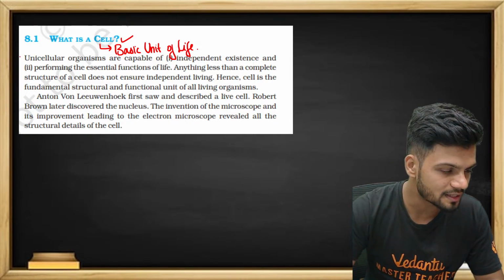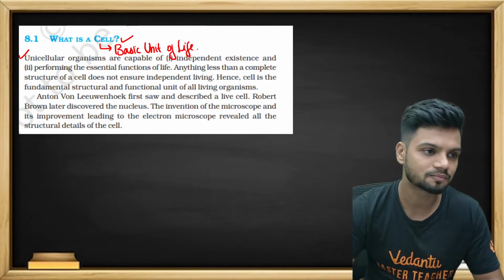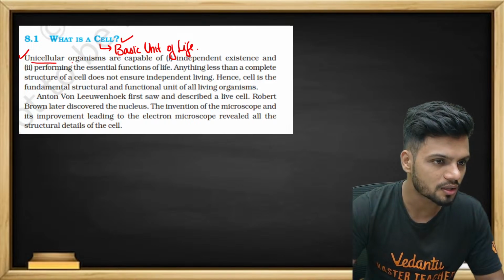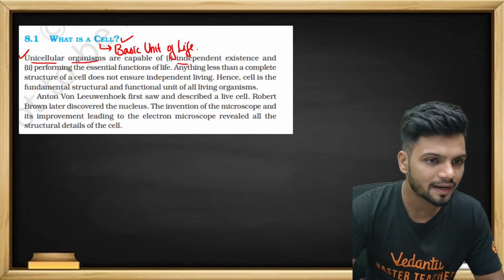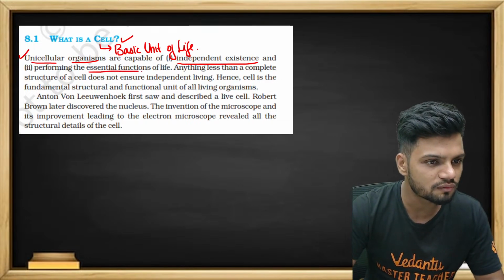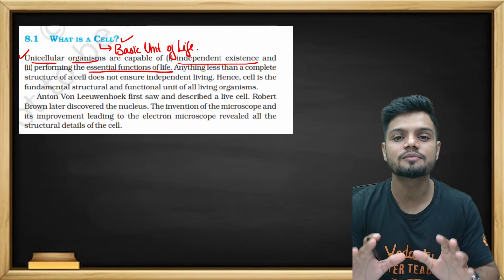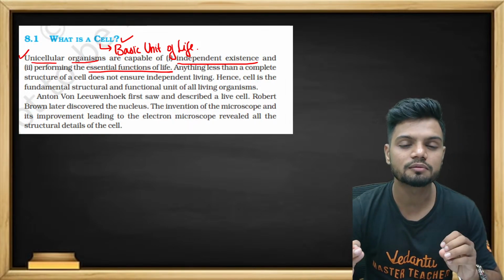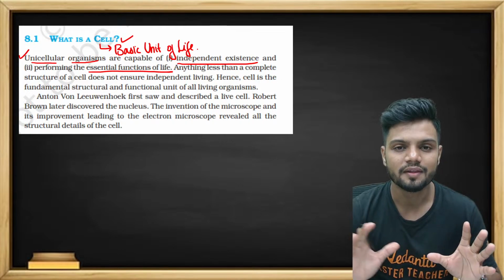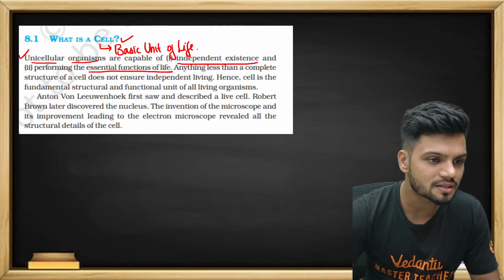First of all, NCERT is talking about unicellular organisms, organisms with a single cell. Unicellular organisms are capable of independent existence and perform essential functions of life. That is, unicellular organisms are able to self-sustain. They're able to take care of their needs. They do not have to depend on other organisms, and they perform all the essential functions of life.